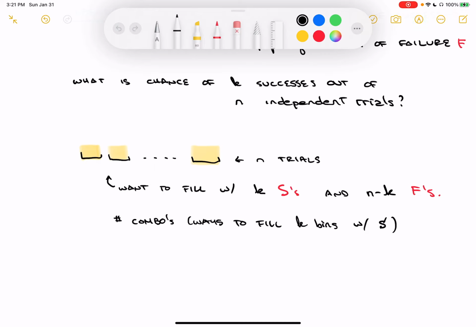I could fill the first bin with an S and then the second bin with an S, or I could fill the second bin first and then the first bin second. That kind of order doesn't matter. Just what matters is which bins get it. The number of combinations, the ways to fill those k bins with S's, and you necessarily will get the other ones with the failures. It's just our combination. So we know that that is going to be n choose k.